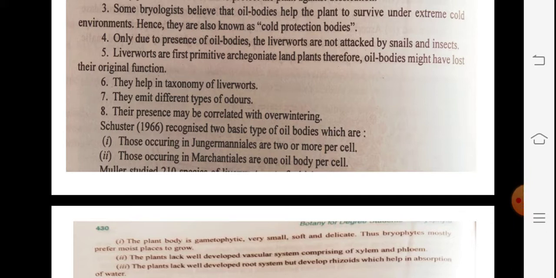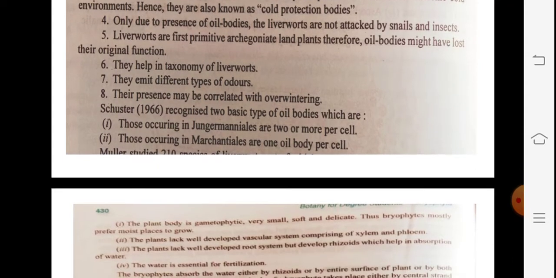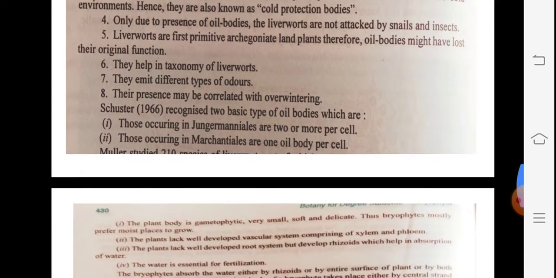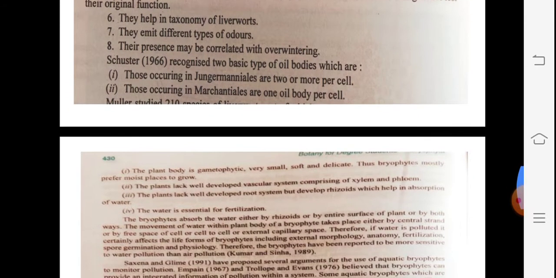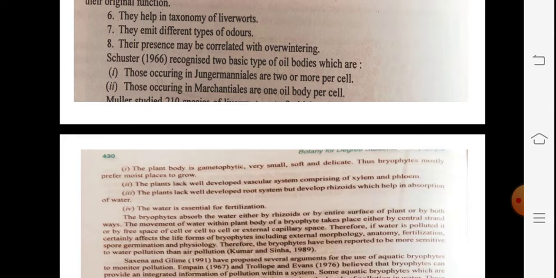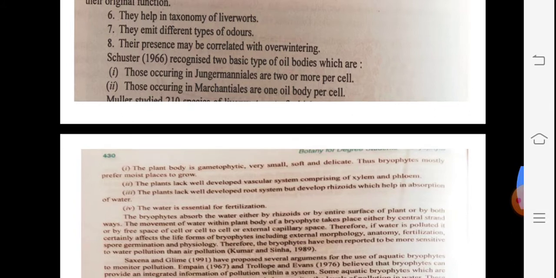They emit different types of odors also, and the presence of oil bodies may be correlated with overwintering. The American scientist R.M. Schuster in 1966 recognized two basic types of oil bodies: in Jungermanians, 2 or more per cell, and in Marchantians, one oil body is present.